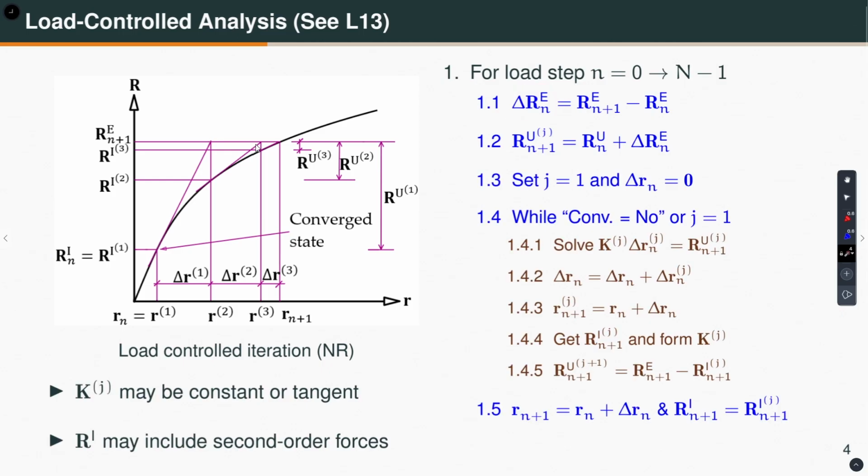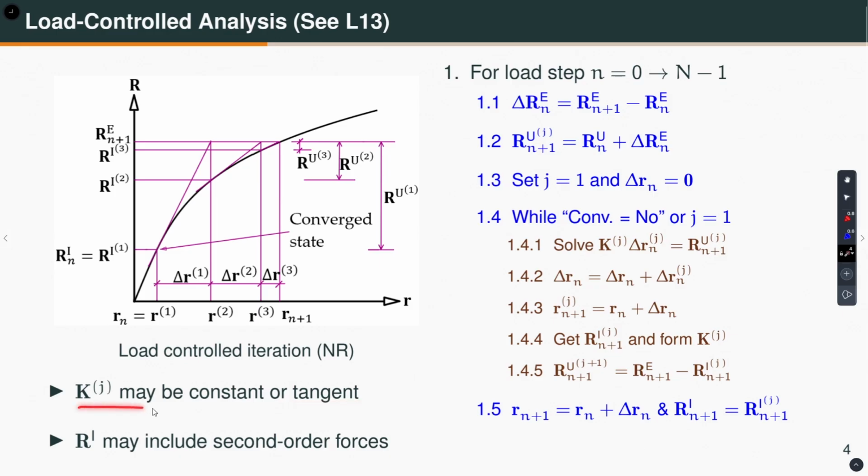So, whatever I stated is briefly written here, and I am not going to go through because I have already gone through it once in lecture number 13, okay. Here I want to mention that this capital K, which is the tangent stiffness matrix in the jth iteration, can be constant. That means you calculate at the beginning of the load step and keep it constant during the iteration. So, that is modified Newton-Raphson, and when it is tangent you form it at every iteration, then it is Newton-Raphson.